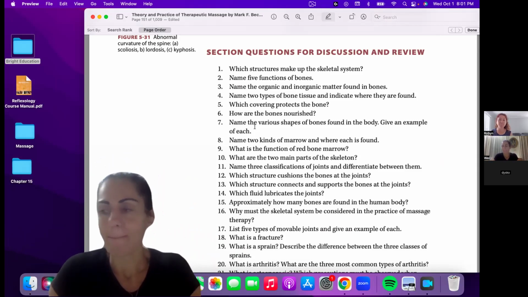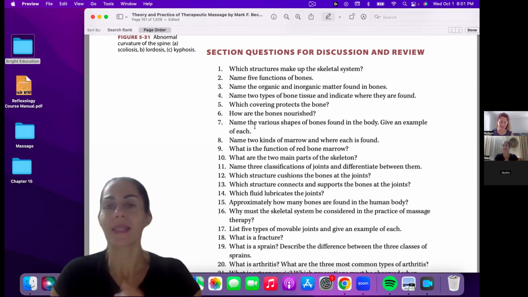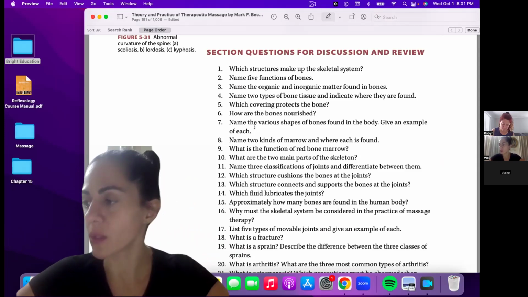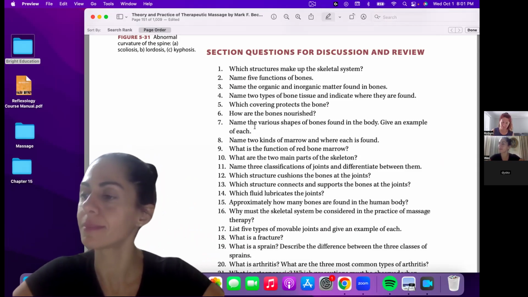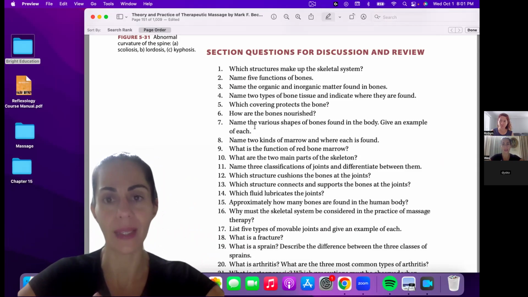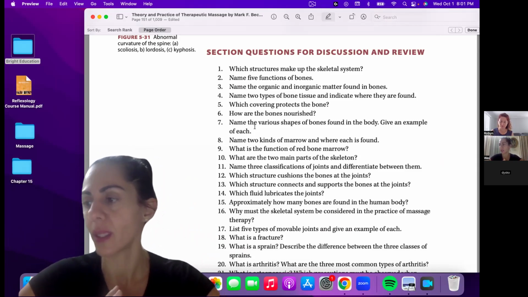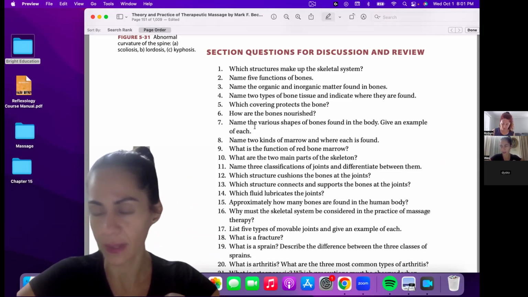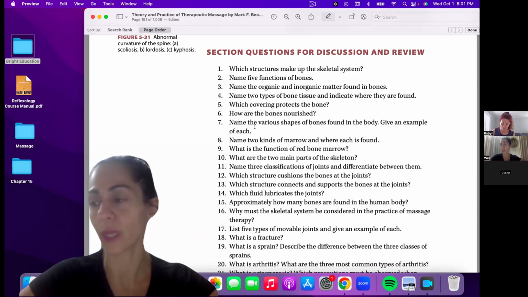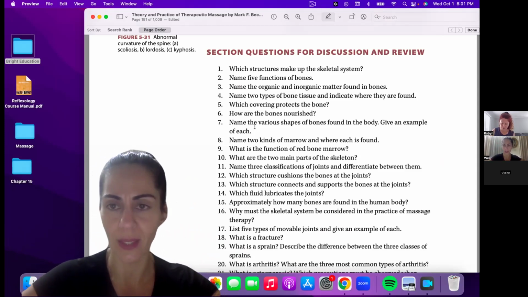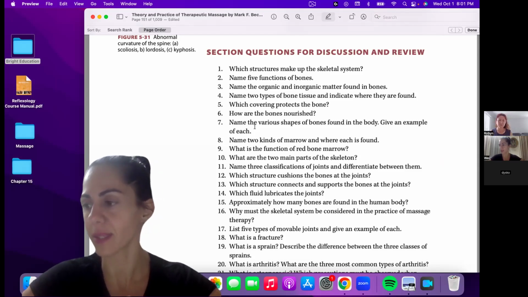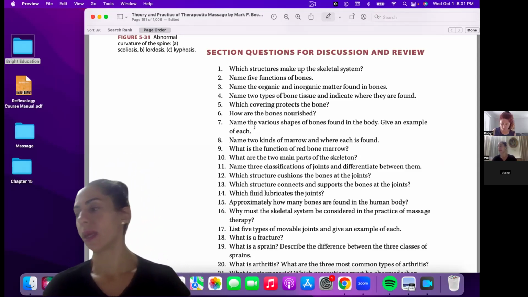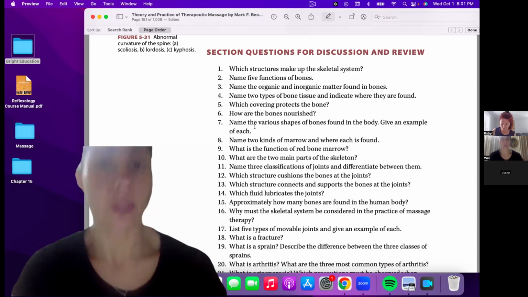So it does what? Protects. It protects. And where do muscles attach to? The bones. So it's an attachment site. And you already said the red and white blood cells. And the last one, it stores what in there? Minerals. Correct. Like calcium phosphate, calcium carbonate, magnesium, and sodium.